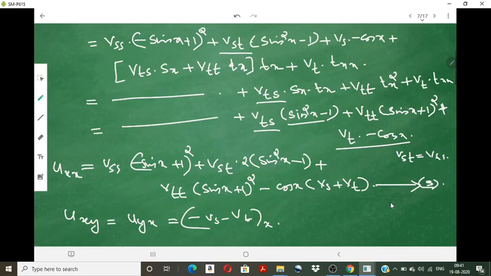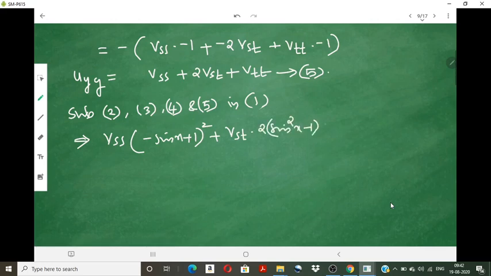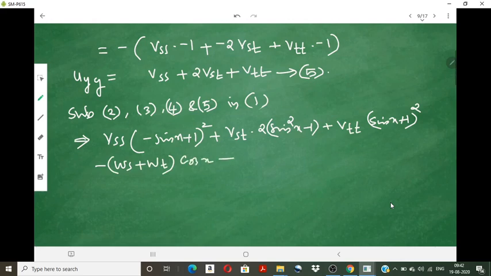From equation number 3 it is minus sin x plus 1 the whole square, plus Vst into 2 sin square x minus 1, plus Vtt into sin x plus 1 the whole square, minus Vs plus Vt into cos x. Now this is the first term.